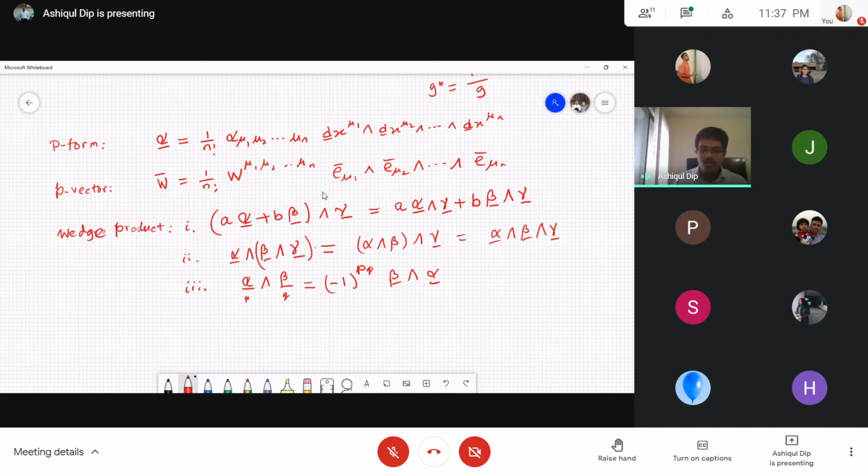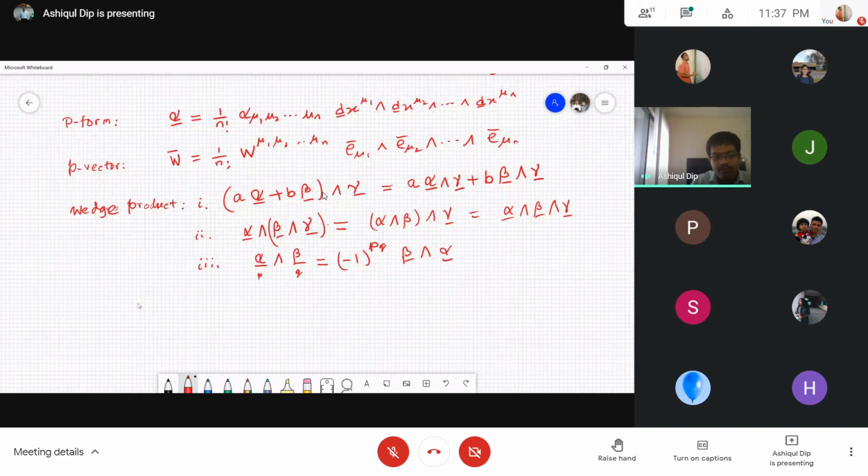The same thing is true for P vectors as well. But you cannot take the wedge product between a P form and a P vector, so you have to be careful. Then we have learned the basis P form.